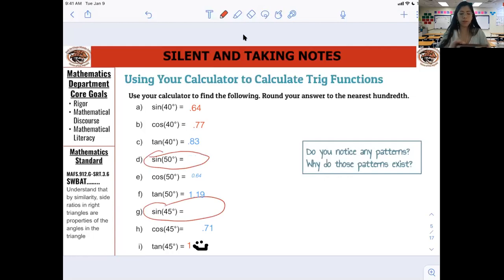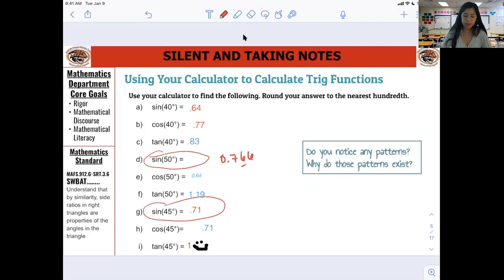Because when you actually type it in, the sine of 45 is 0.707, so we have to round it up. And then the sine of 50, what do you get in your calculator? You get 0.766.